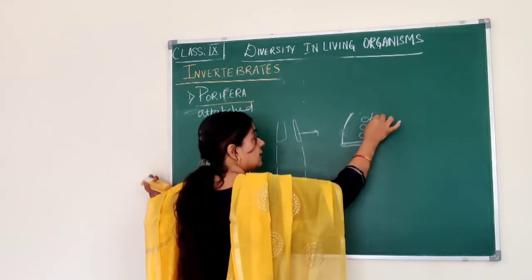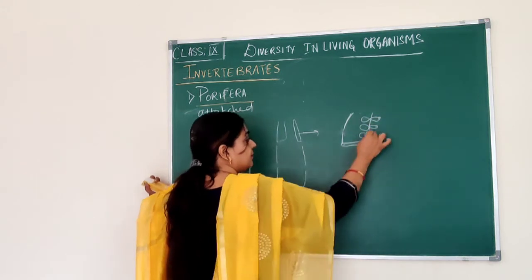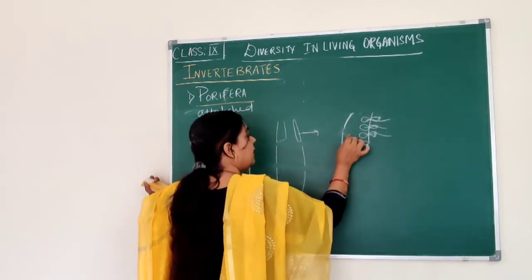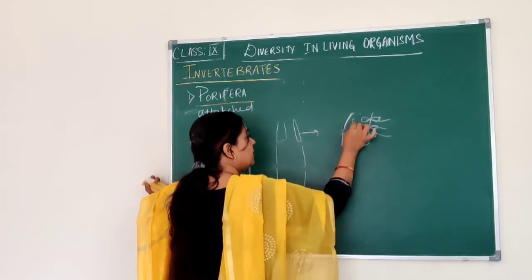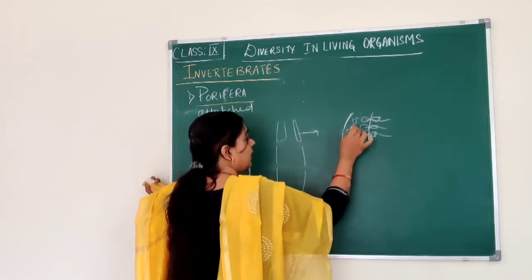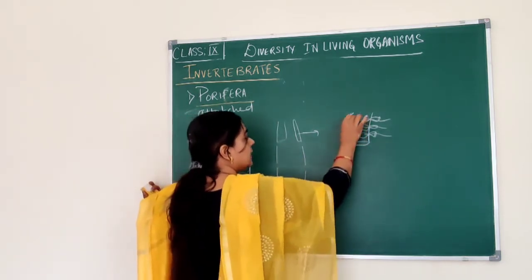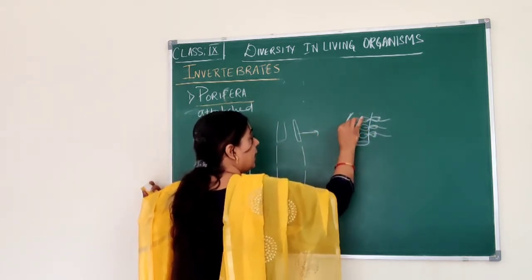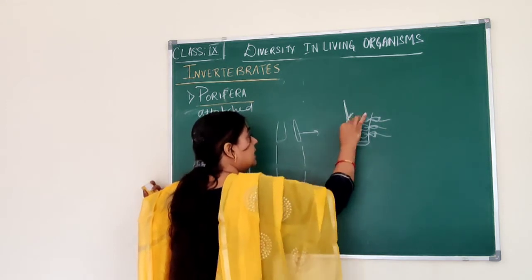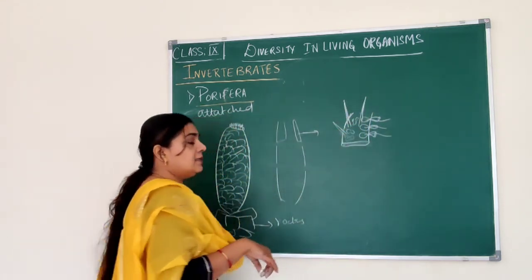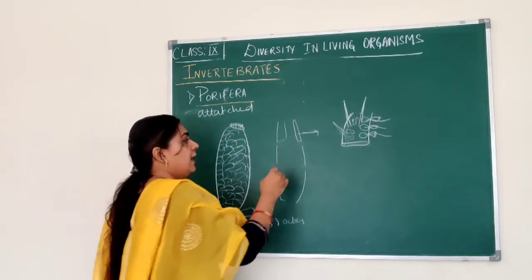And each has a different function. Okay, and they have amoeboid shaped cells. Amoeboid shaped cells are also present, and they have skeleton secreting cells.